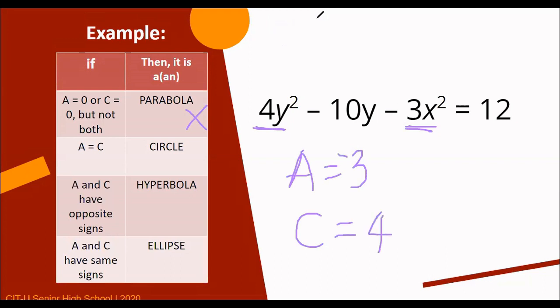Therefore, this isn't a circle because A and C are not equal. A and C have opposite signs over here. Therefore, we say that it is a hyperbola. It's not an ellipse because A and C do not have the same signs.